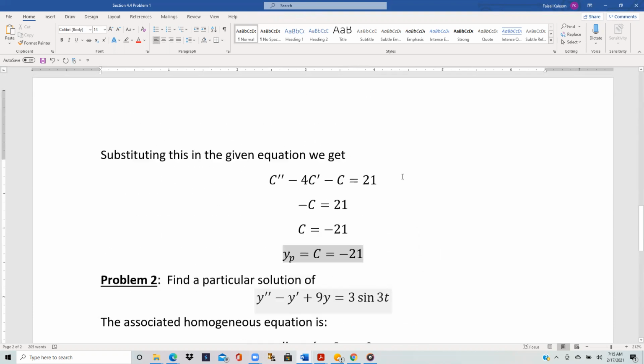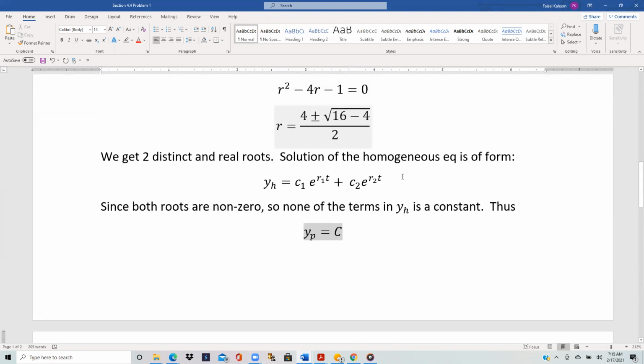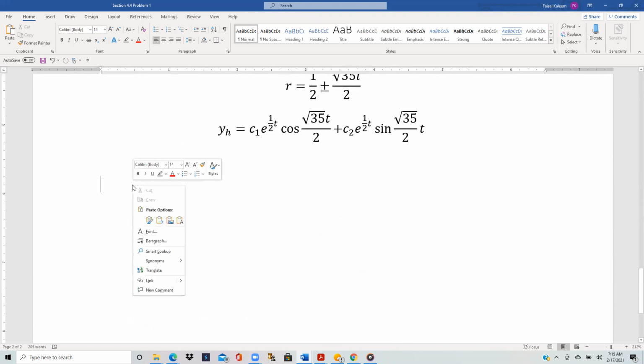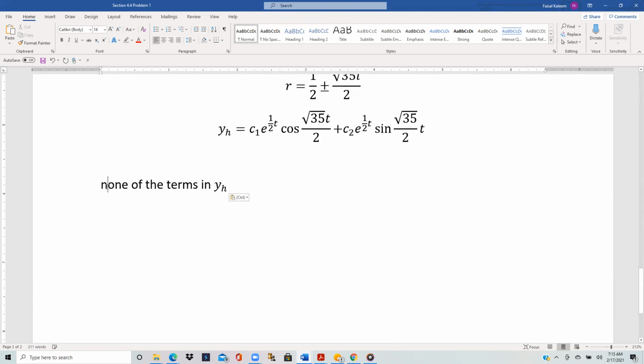So let's go to the next step. So next step is, we can say none of the terms in YH match the right side of the given equation.